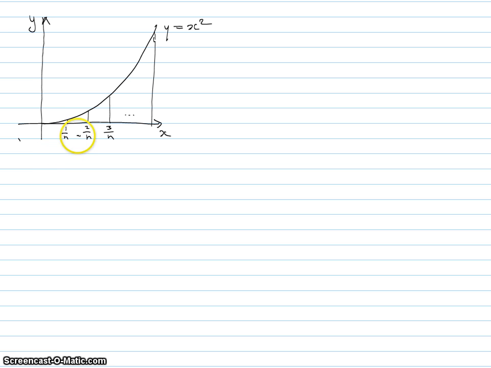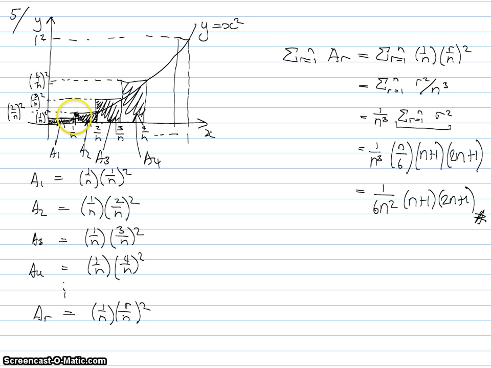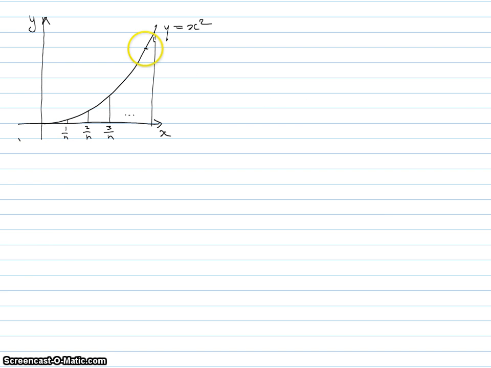But this time, instead of taking, if we look up, here I took the higher end of my rectangle, right? So there are two ends, it's 0 and 1 over n, so I took the 1 over n side. Here 1 over n and 2 over n, so I took the higher side. 2 over n and 3 over n, took the higher side. This time, instead of taking the higher side, I'm going to be taking the lower side.